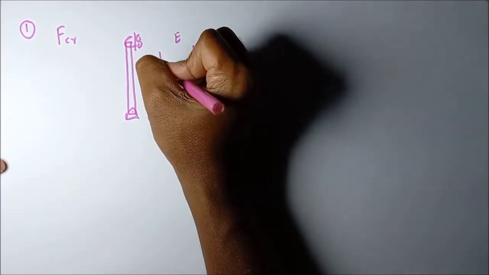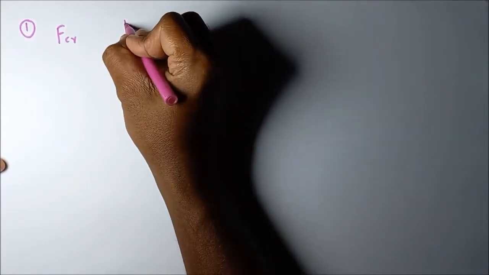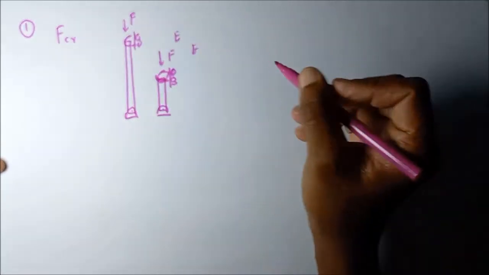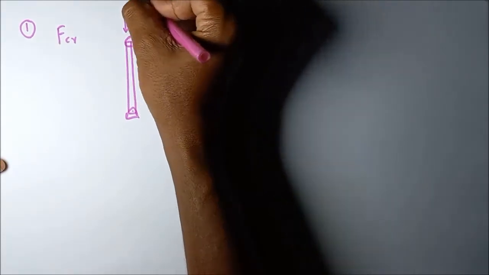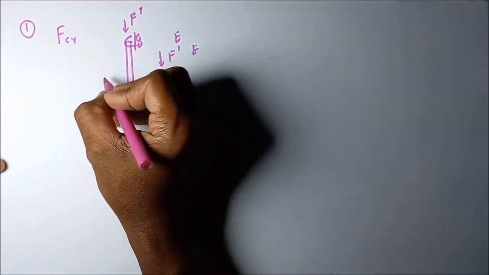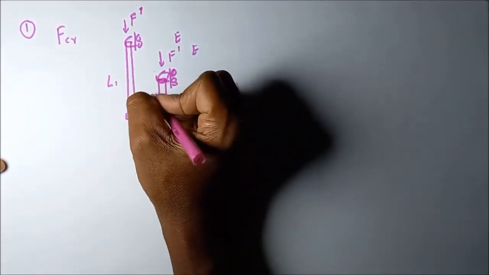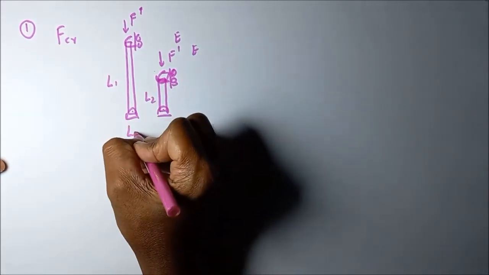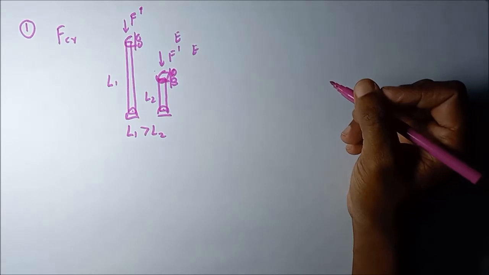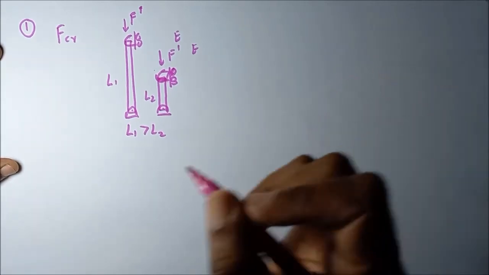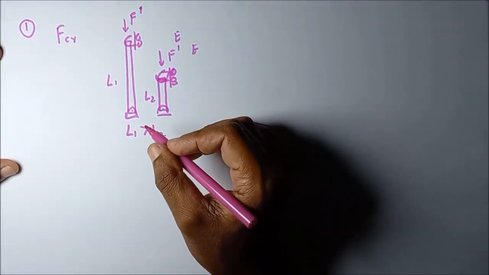Then let's take the two forces acting, the force F, gradually increasing on these two. The only difference is L1 and L2. L1 is greater than L2. So what can you say about the buckling of these structures?